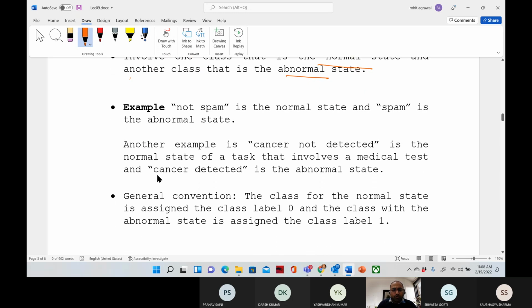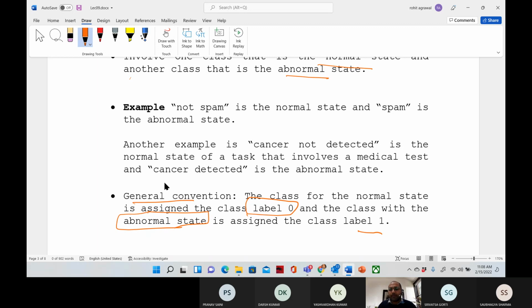In general, for normal and abnormal we just give them 0 and 1. This is just a general convention. The class for the normal state is assigned label 0, and the class with the abnormal state is assigned 1. If we are talking about email classification, whether it is spam or not spam, abnormal is spam, so spam we can say is 1, and not spam is class 0.